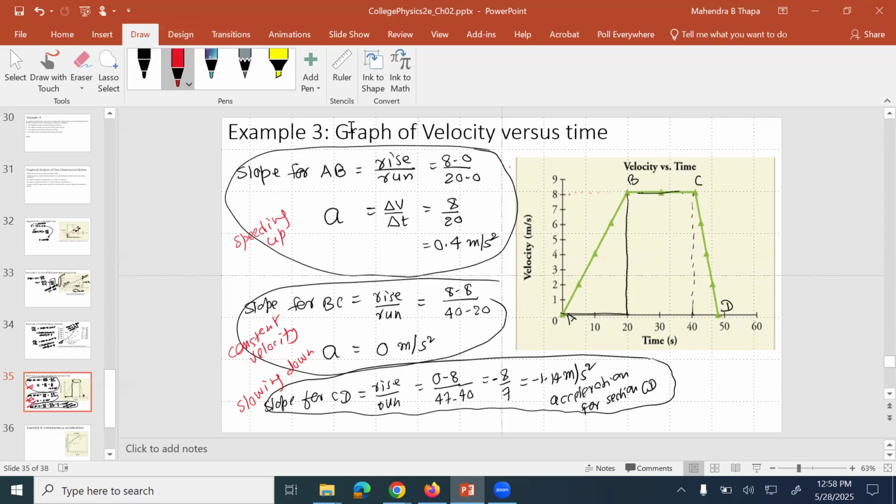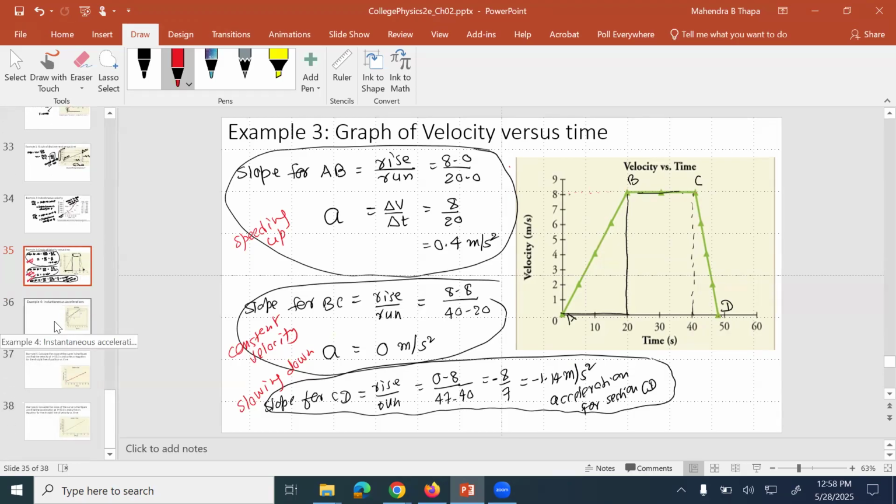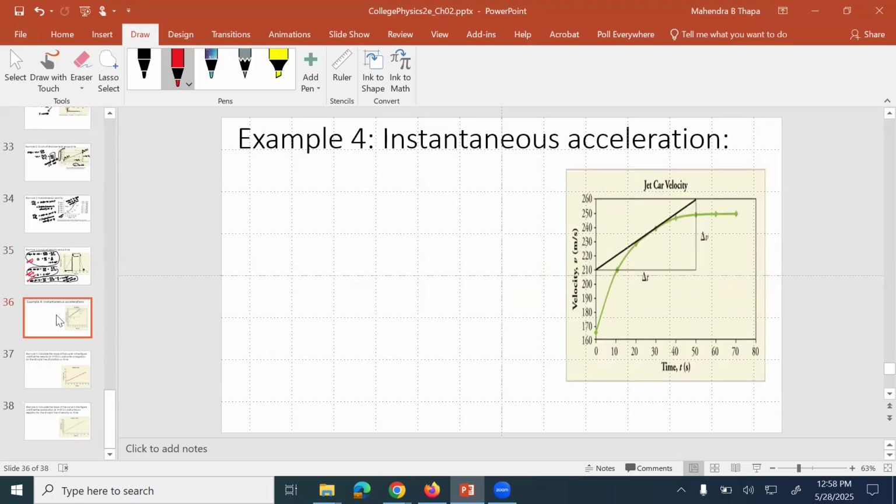So that's how we can find the acceleration from the graph of v and t. You can use this concept to answer the other questions. So in example 4, instantaneous acceleration, the v is plotted along the y-axis and time is plotted along the x-axis. This is a curved path, so we cannot fit a straight line. Say we choose one particular point and then draw a tangent line.